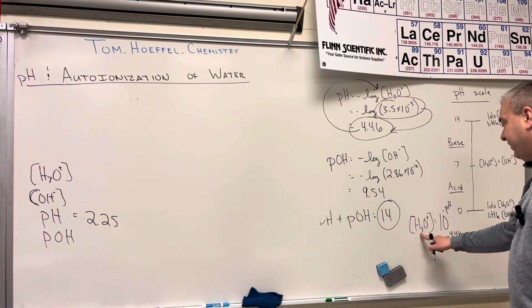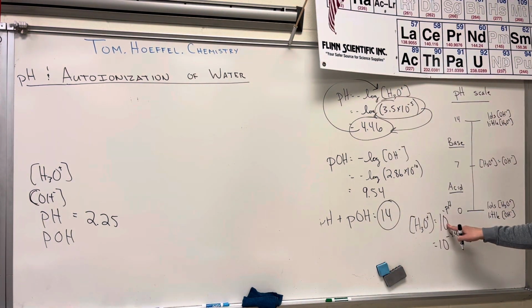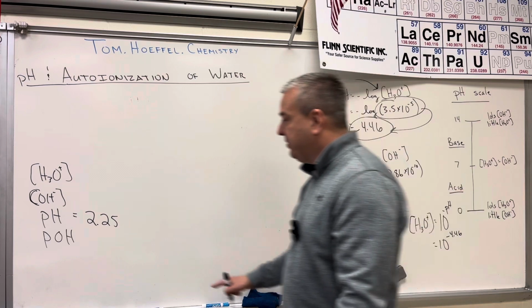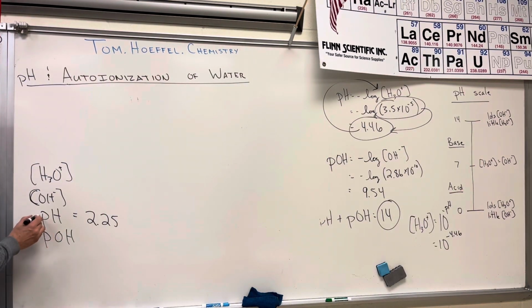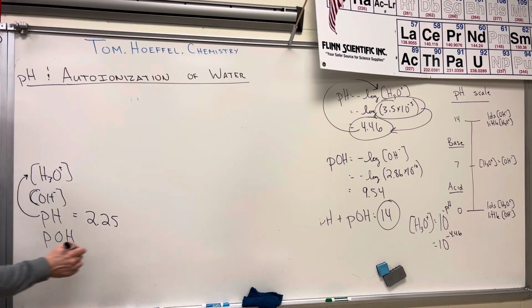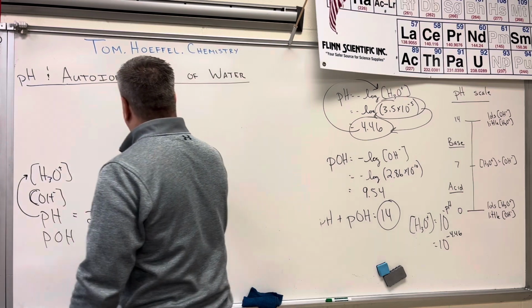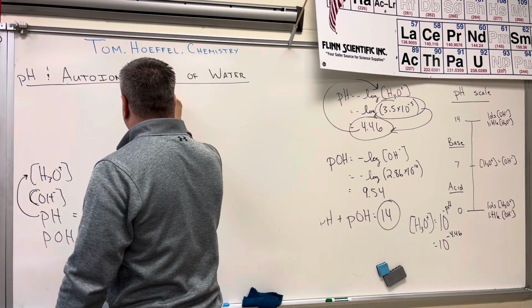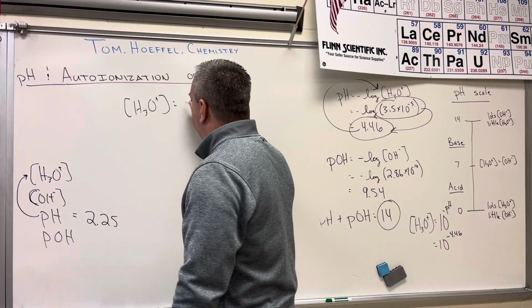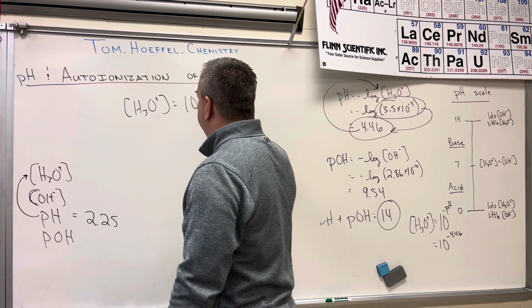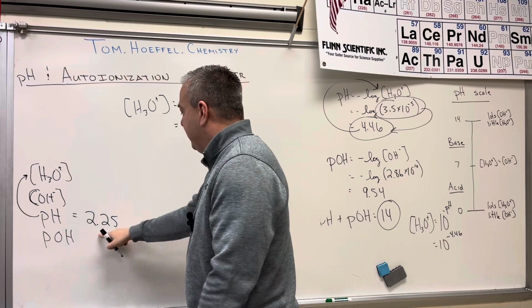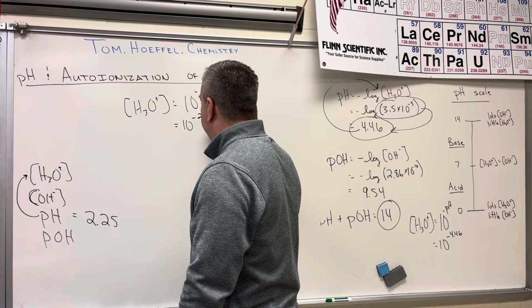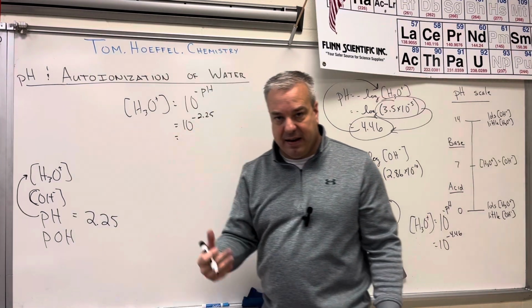Remember, to figure out the hydronium ions, it's base 10 to the negative pH. So the first thing I'm going to do is go from pH to the hydronium ions. I'm going to take base 10 to the negative pH, so base 10 to the negative 2.25, and plug that into my calculator.